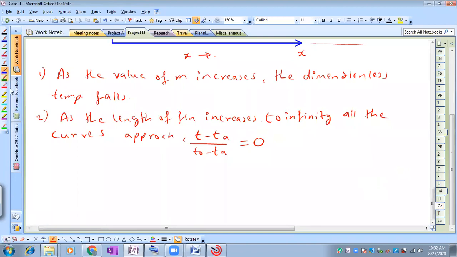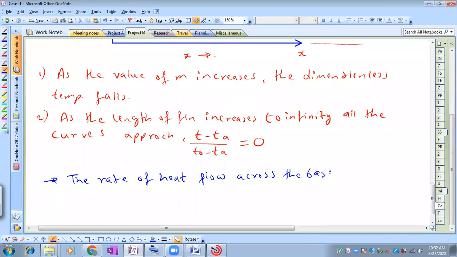If I want to calculate Q of fin, that is the rate of heat flow across the base of the fin, that is very important.